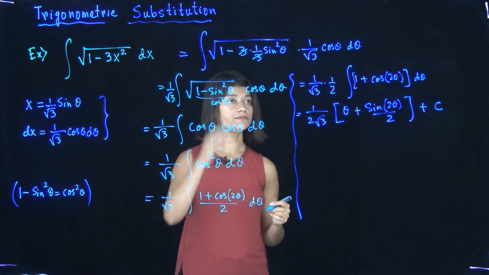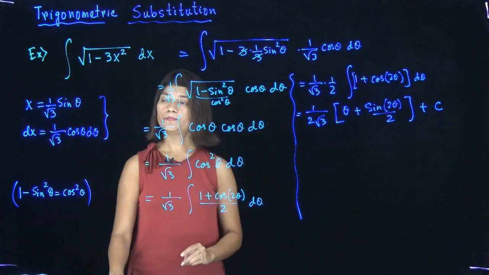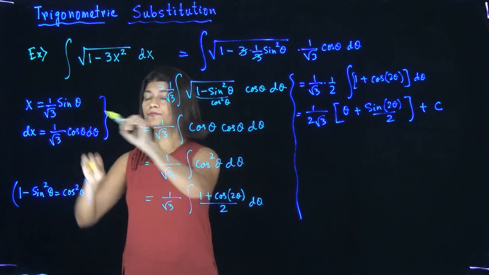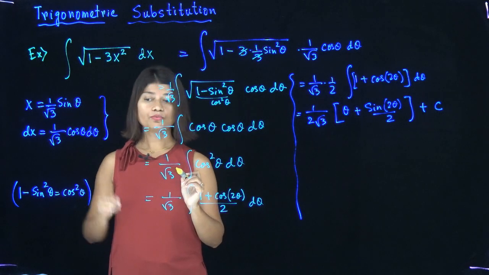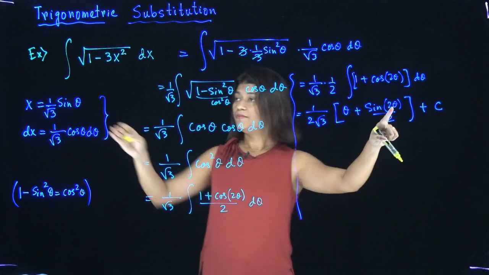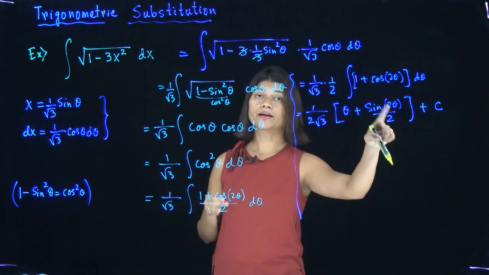Now we have to change everything in terms of x. And remember, we have to go back here and figure out the little triangle. One other thing in this particular problem: even though everything will be in terms of theta, our answer has a double angle, 2 theta.